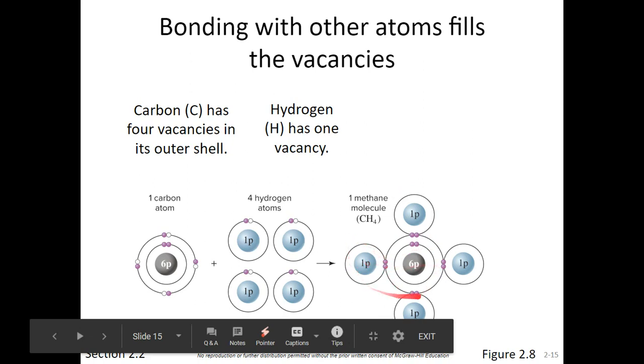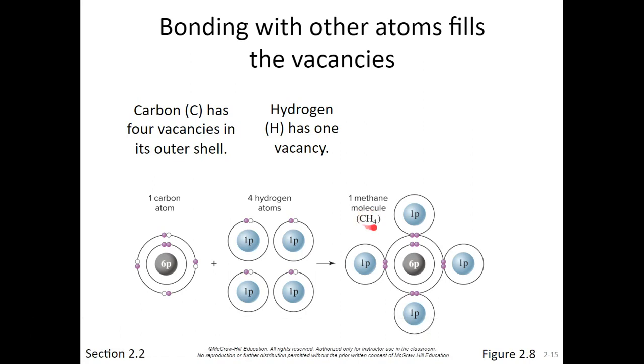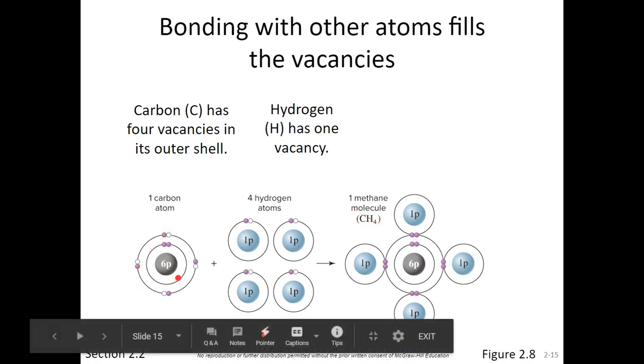So you needed 4 hydrogens to fill carbon and make carbon stable. Carbon 1, hydrogen 4, and the molecule is CH4. So one atom of carbon and 4 atoms of hydrogen formed one molecule of methane.